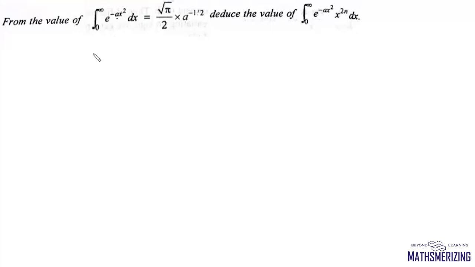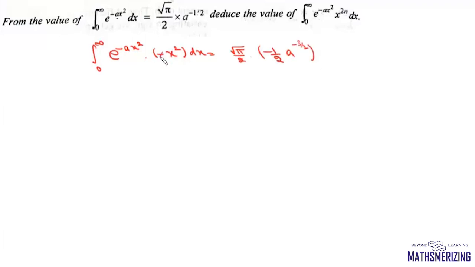So here on the left hand side we'll have this integral from 0 to infinite e to the power minus ax square into minus x square dx, and here it will be under root pi by 2, and then we have minus 1 by 2 a to the power minus 3 by 2.